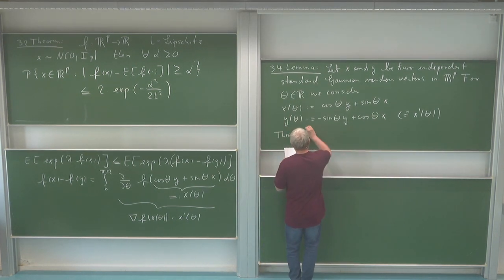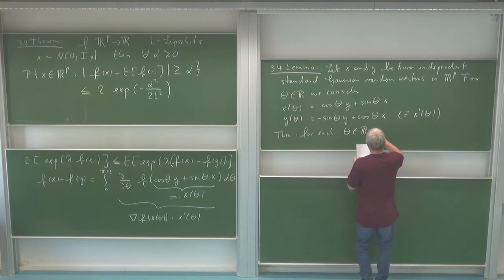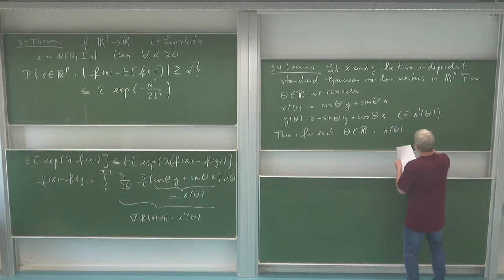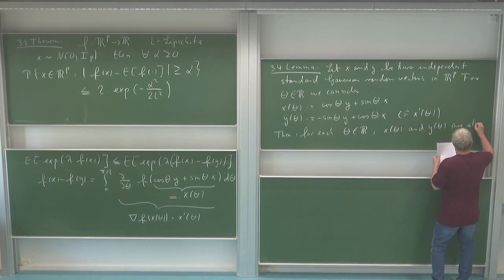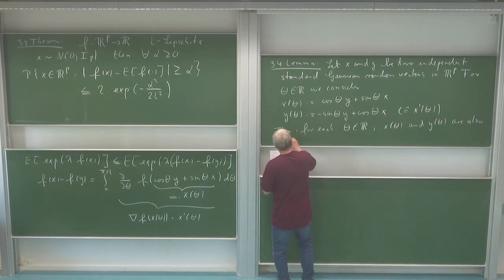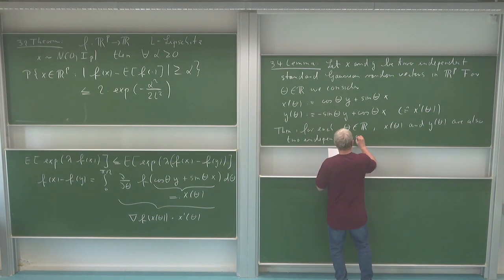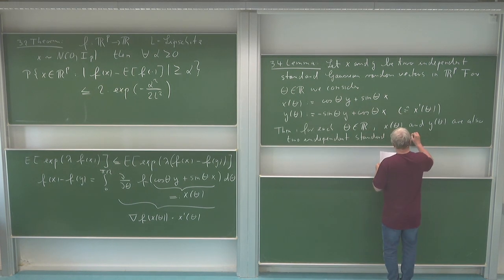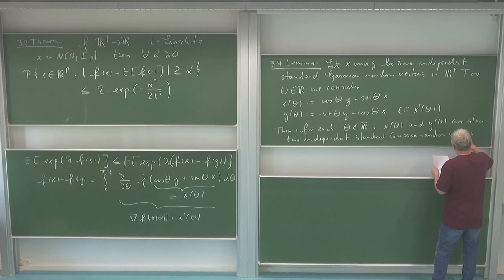So then, for each theta, the two vectors, so they are still random vectors in R to the p, x theta and y theta are also two independent standard Gaussian random vectors in R to the p.